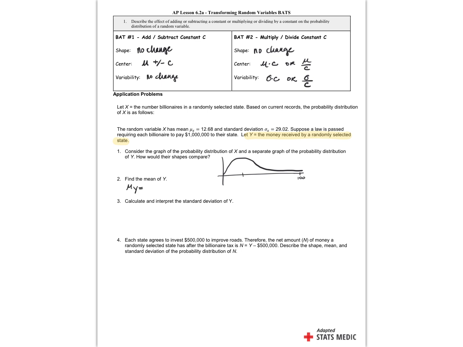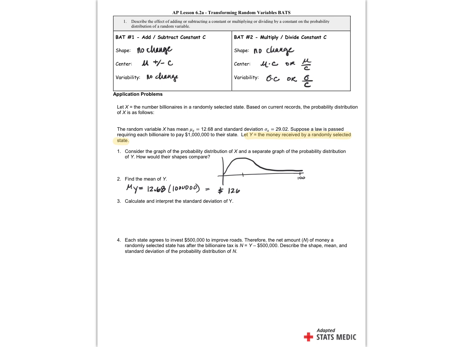The mu of Y would be what's the average amount of money they're going to get? Well, on average, how many billionaires in the state? 12.68, right? And each of those millionaires has to pay the state how much? $1 million.